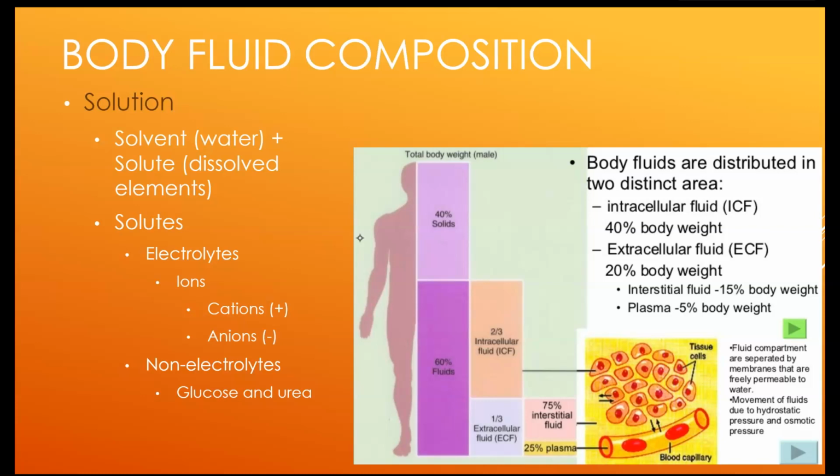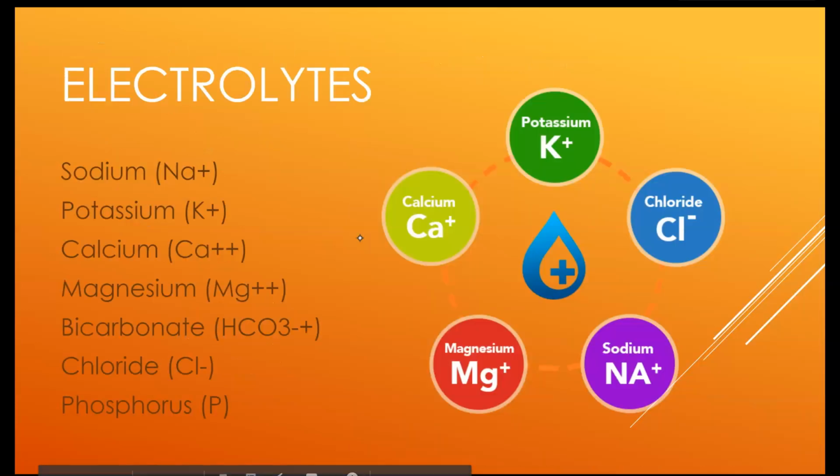Body fluids, right? We talked a little bit about electrolytes the last class, right? We got our good idea of what those things are. Your body fluids, right? We're about 60% water, and that water is broken down further into just the solutes that are inside of it. Your electrolytes, we talked about this already.